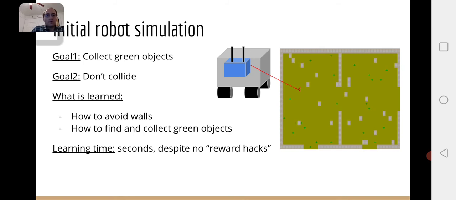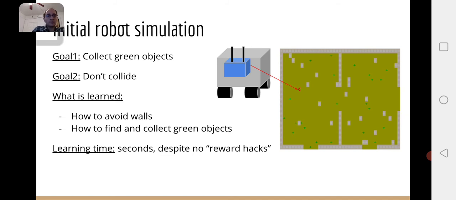At first, I tried ONA on simple simulated cases to get an idea about its capability, because I wanted to make sure that it runs well for relatively simple examples before moving on to more complex ones. In this robot simulation, the goal is to collect green objects while not colliding with walls and rocks.